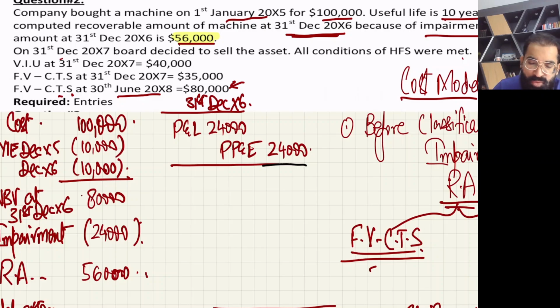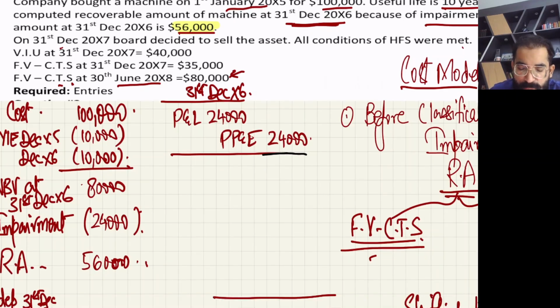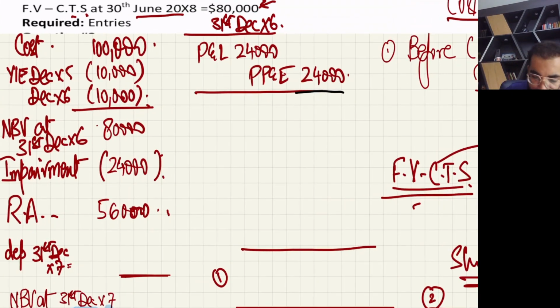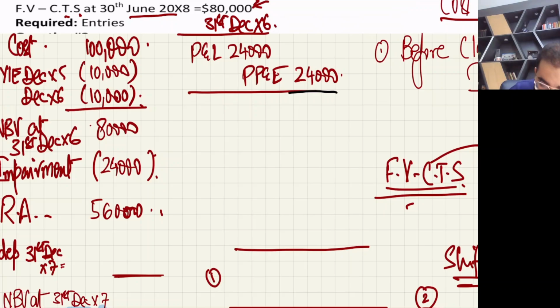Now use your brain. Once you impair or revalue an asset, once you change the value of an asset, in future this updated value divided by remaining life will be your depreciation. So it will be 56,000 divided by 8 years.